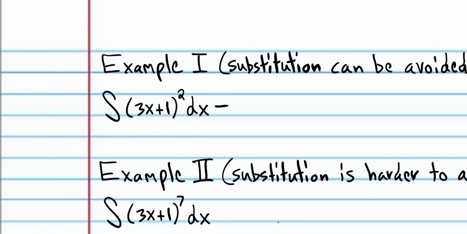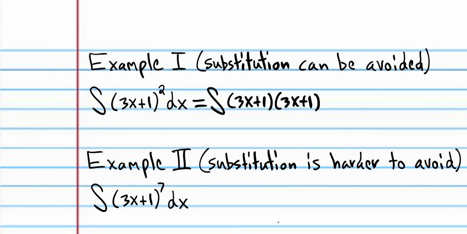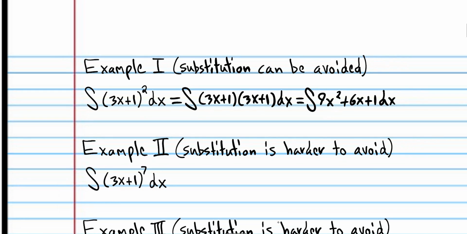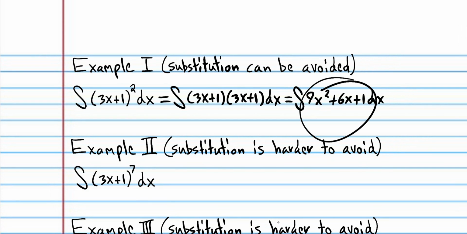Now, in previous classes, we got around this problem by simply expanding. We just used FOIL, and we got 9x squared. Add the inner terms, we get 6x, and then plus 1. And we can easily find the antiderivative of this expression.